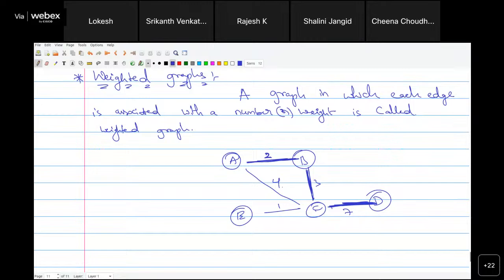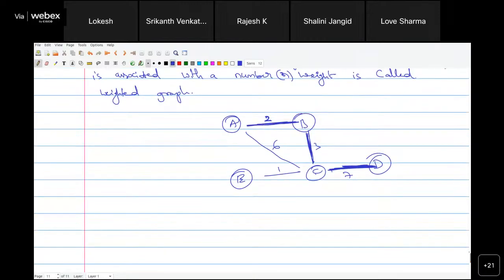Okay. So initially, let me give this as some 6. If no number is associated, what will be the shortest path from A to D? Yeah, ACD. So it requires only 2 edges.